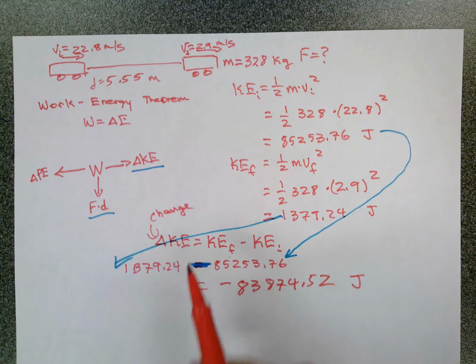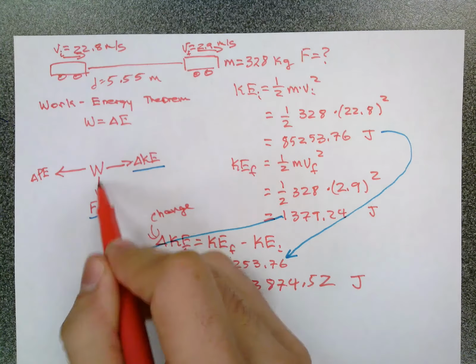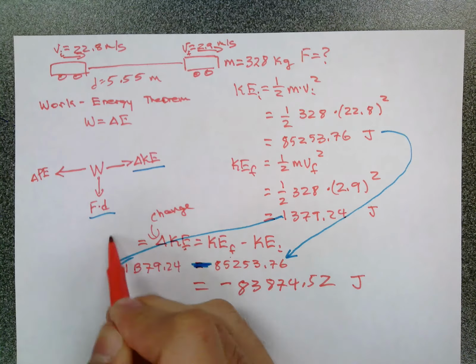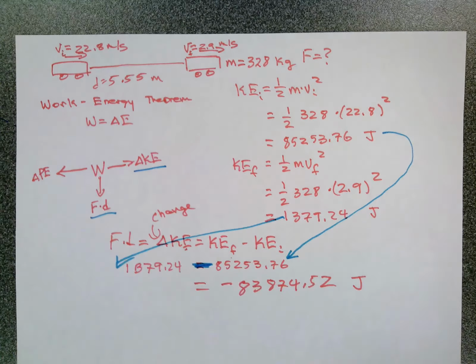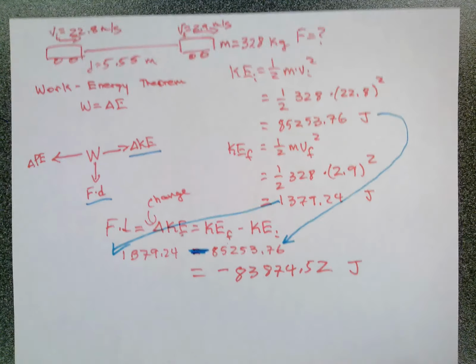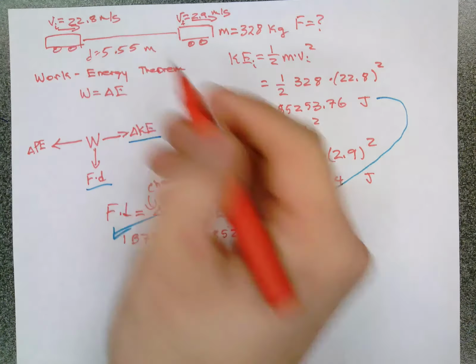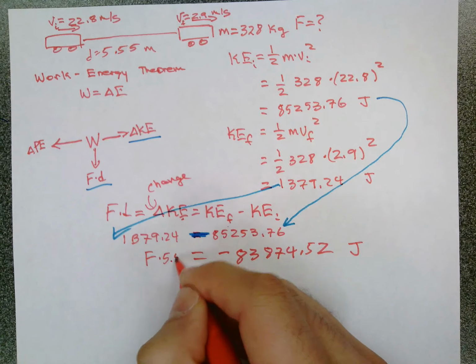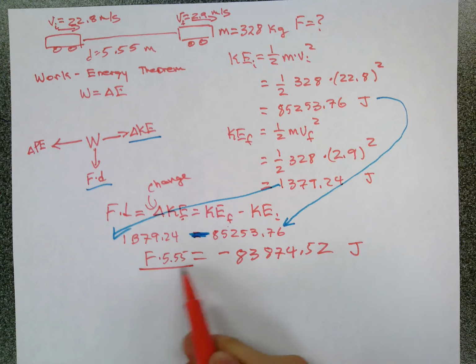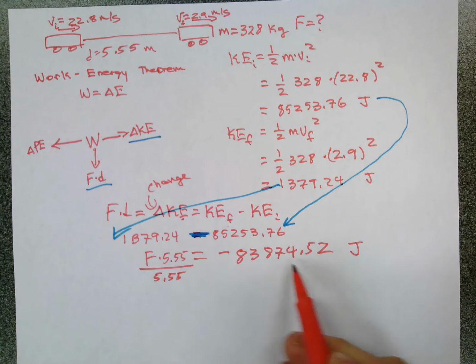From there, you know that the change in kinetic energy, since they're all related, is equal to force times distance, which is just another equation for work. You have a force, which is what you're looking for, and a distance of 5.55. To get force, you just divide both sides by 5.55.